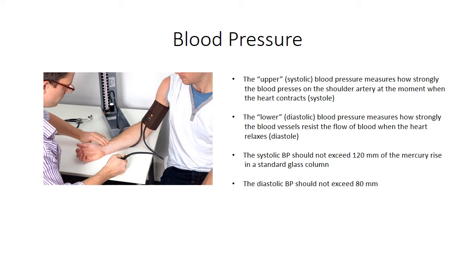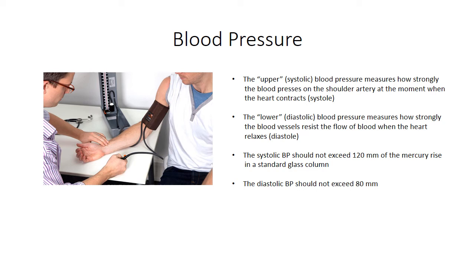So this is something like a 200 years old way of measuring blood pressure, but it is still used. It's still true. There are, of course, more modern apparatuses that measure blood pressure in a split second, etc. But this is the traditional one.